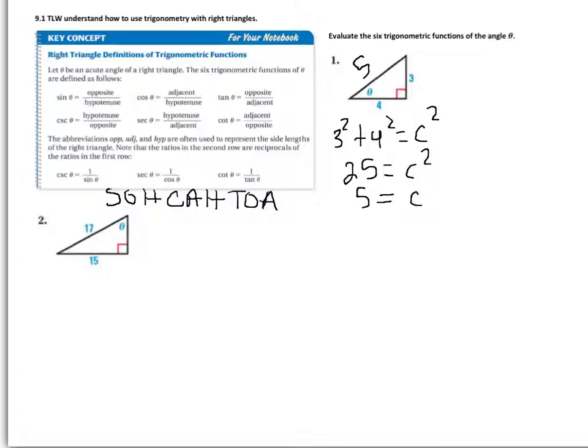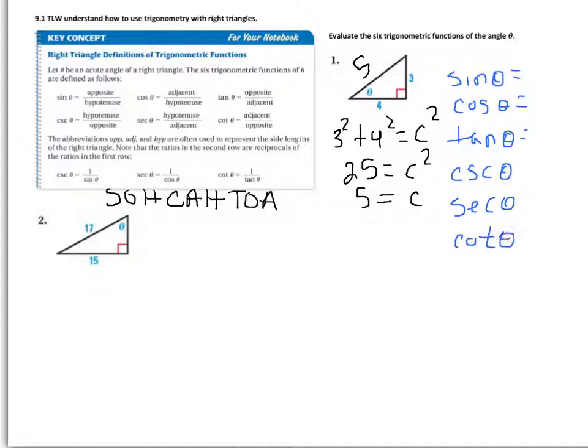So they want to know, what does the sine of theta equal, the cosine of theta equal, the tangent of theta equal, and then the cosecant, the secant, and cotangent. Those might be new, but they're not difficult. So find the first three, the SOHCAHTOA, sine.